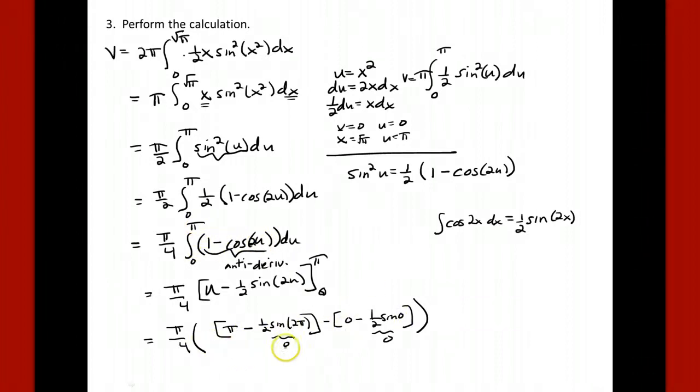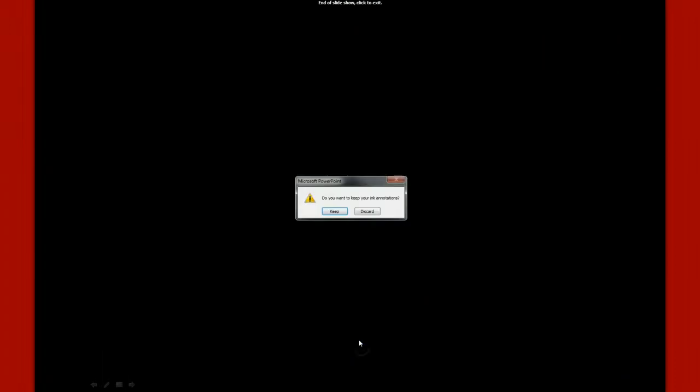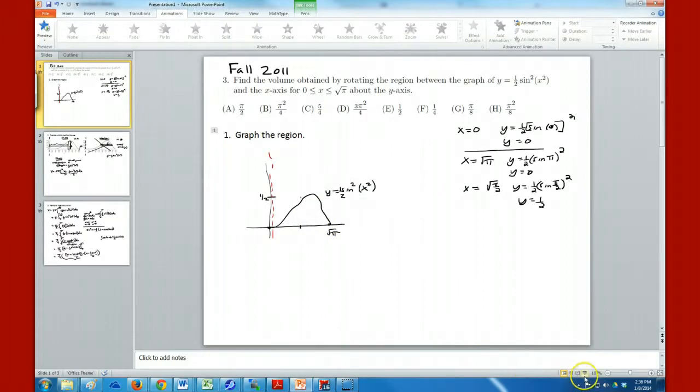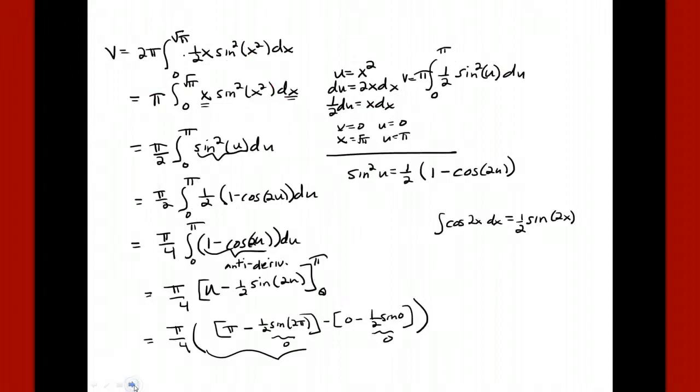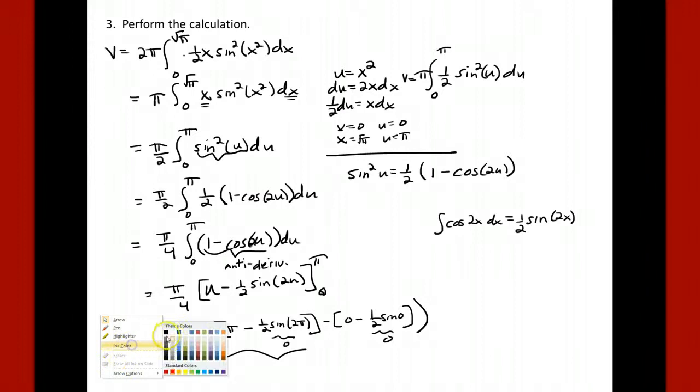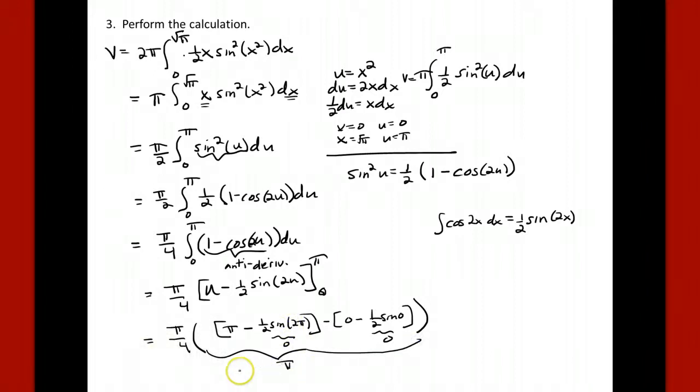Anyway, we end up with all of this giving us pi, and then the pi over 4 on the outside. Final answer to this question is pi squared over 4.